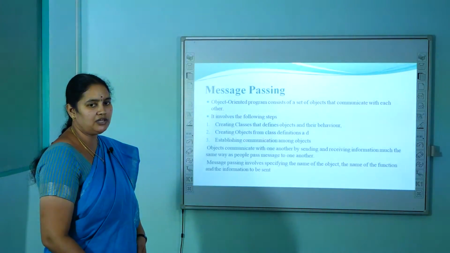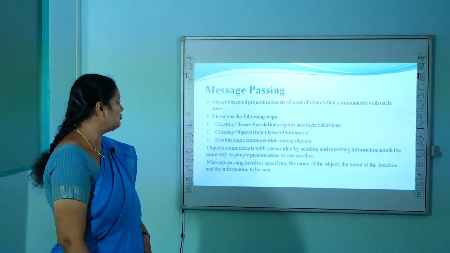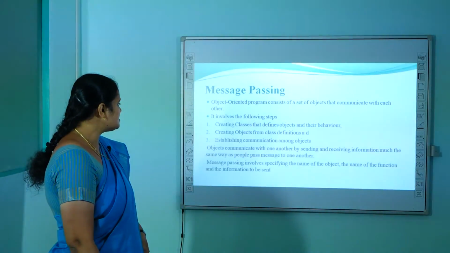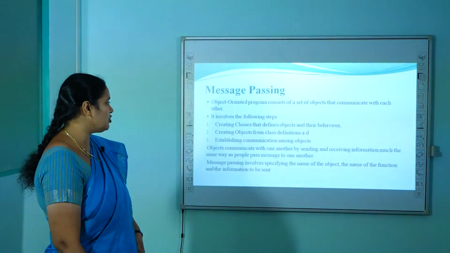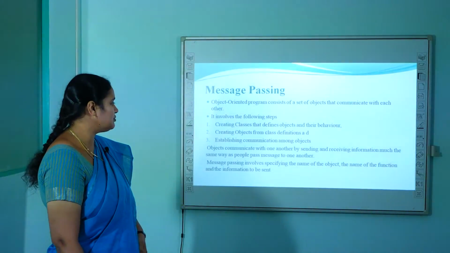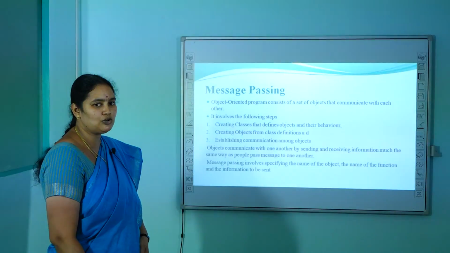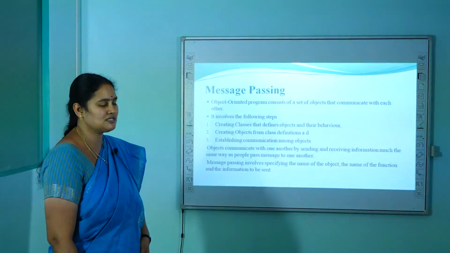Likewise, objects also communicate with the help of message passing. Message passing involves specifying the name of the object, the name of the function and the information to be sent. Because without these details, the message passed will not be collected at the correct reference.